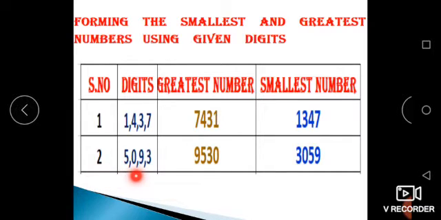5, 0, 9 and 3. We will find the greatest number and the smallest number. Which is the greatest number of the digits 5, 0, 9 and 3? Yes, 9 is the greatest number, so we will write 9.